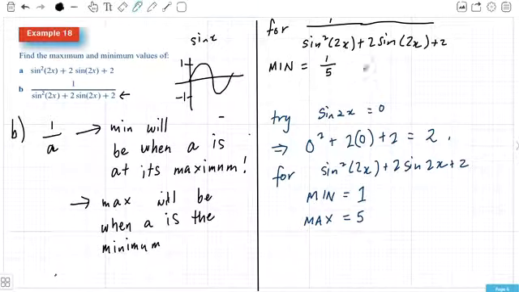And our maximum is going to be when we take the numerator 1 and we divide by the smallest thing that this could possibly be. And we know the smallest thing that can be is 1. So that's 1. So for our two functions here, the minimum and maximum, 1 and 5 for the first function. And because this is a reciprocal, we're dividing by the maximum and the minimum to get the minimum and maximum for the reciprocal function. So the key thing here with this one, understanding that for trig, sine and cosine, the biggest values they can be are negative 1 and 1.